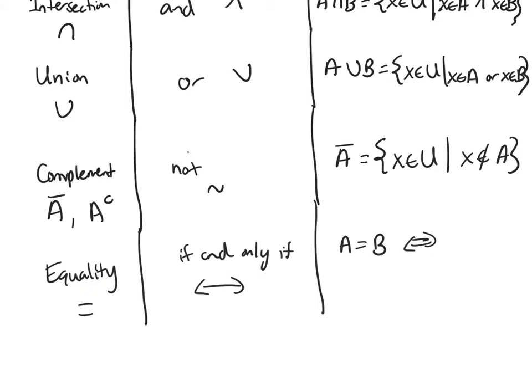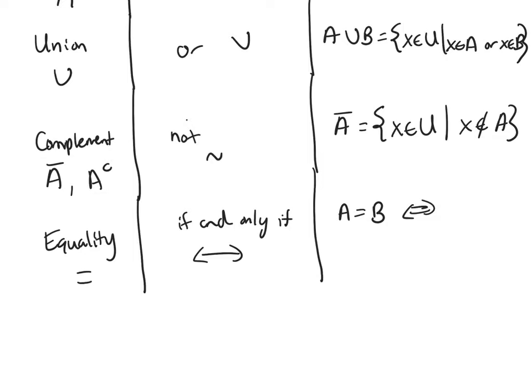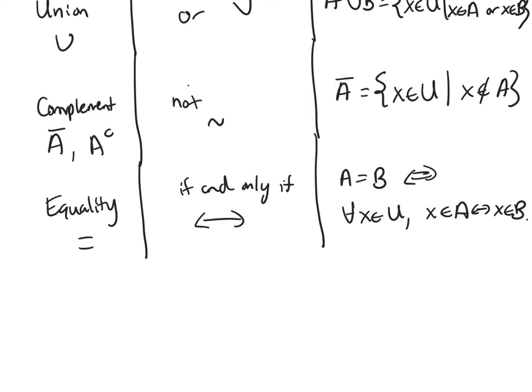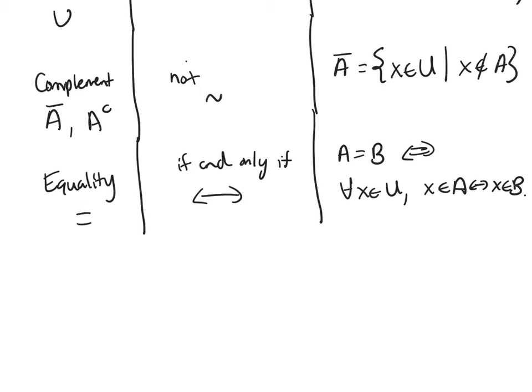The definition of that is for every element x in U, x is in A if and only if x is in B. And remember, our biconditional statements are made up of two conditional statements.